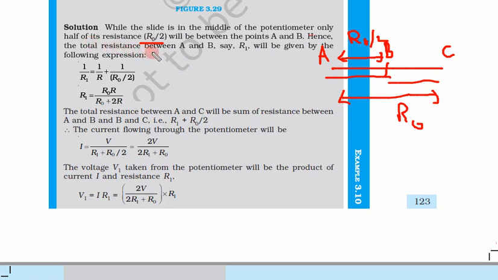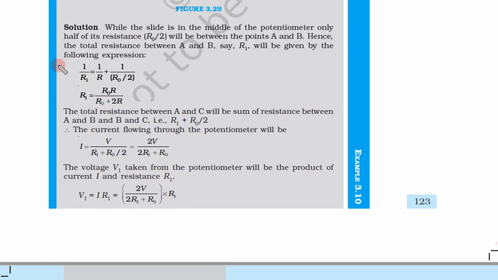Hence the total resistance between A and B, say R1, will be given by the following expression. So how can we get the total resistance R1? Simply using the parallel combination of resistance: 1 upon R1 is equal to 1 upon R, this is the external resistance that is connected, and the resistance of the potentiometer R0 by 2.